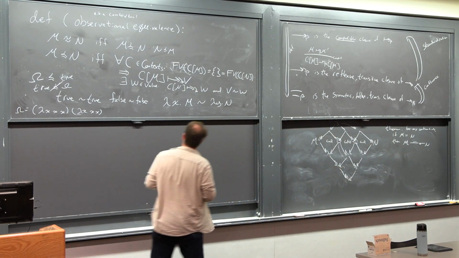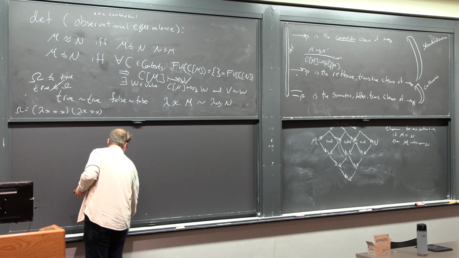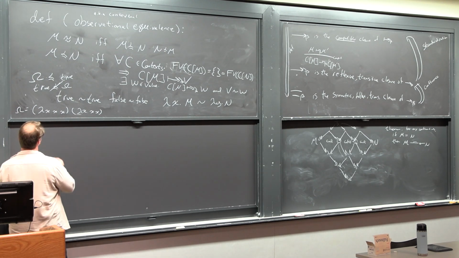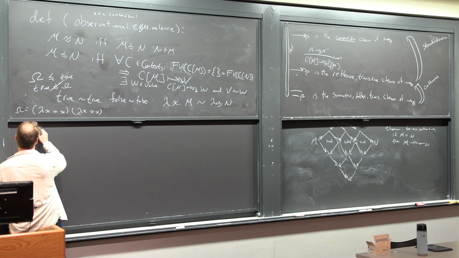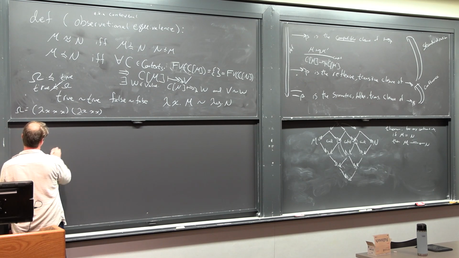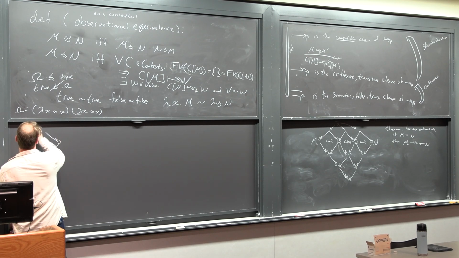Okay, so that's the confluence property. How do we prove it? Right, so confluence is this property that, if I take this diamond, so this is confluence.